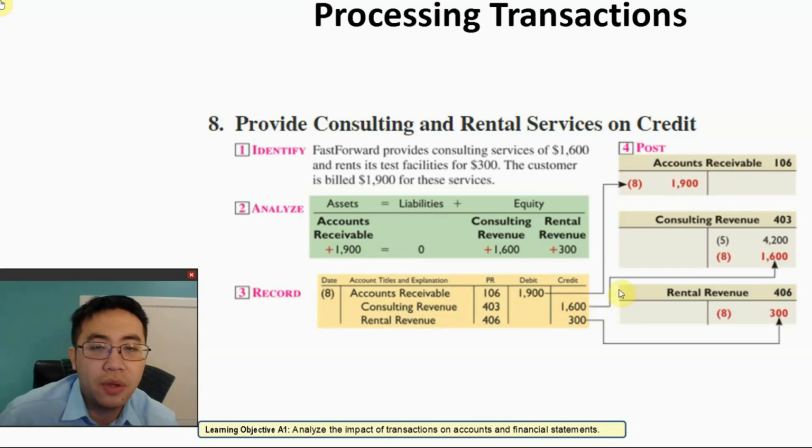Okay, so you have 2 revenues, so that means you need to post into 2 ledgers. One is consulting revenue, which already has recorded transaction number 5. Now this is transaction number 8. That's a new number you put in there. And for rental revenue, that's the only one we have so far.